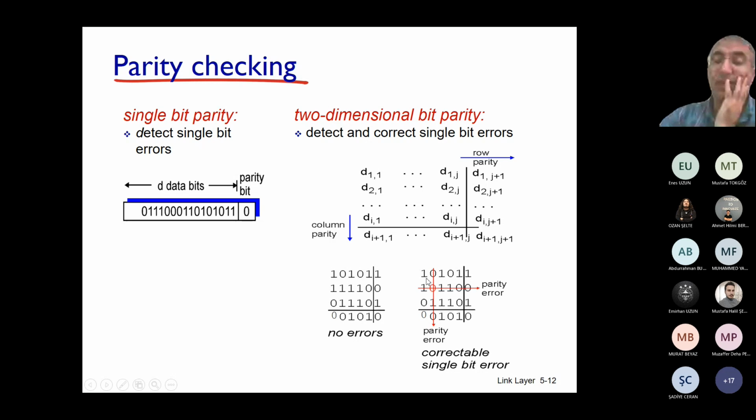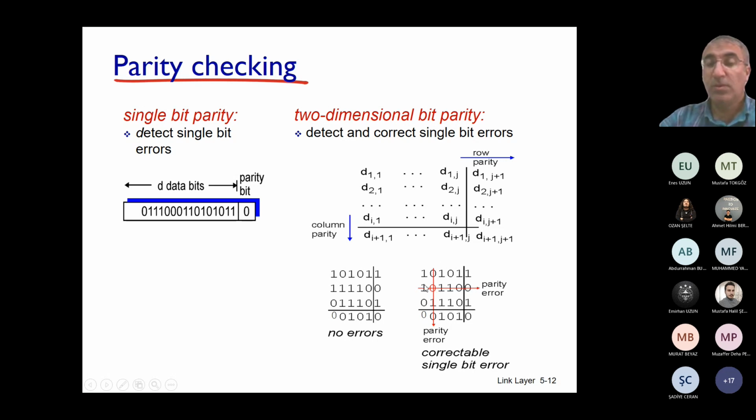I'm just going to focus on this. In this second line, the number of ones is 1, 2, 3, right? Sorry, it's an odd number, but the parity bit is 0. That's why we assume that there's an error in this bit stream, but we don't know which one.